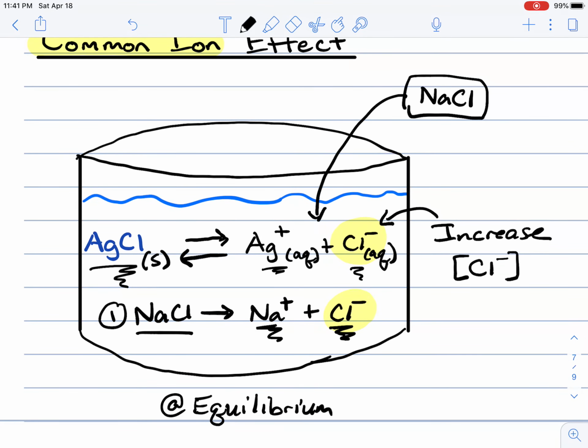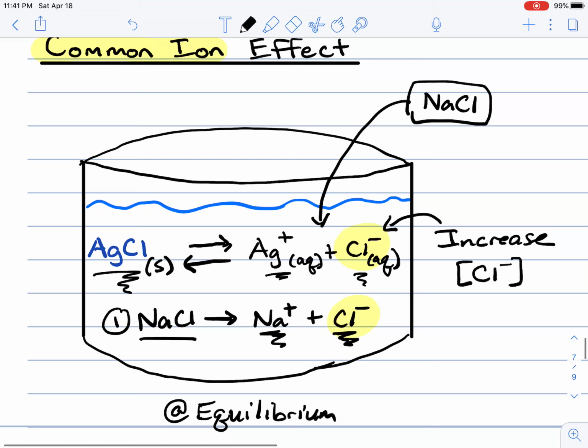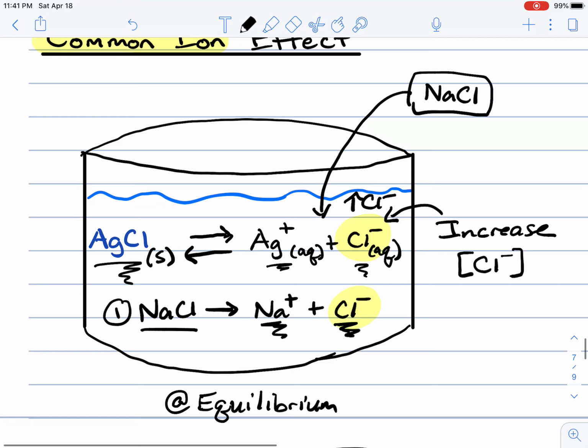And so if you think about this with respect to Le Chatelier's principle, if you have an immediate bump in the chloride ions, to counteract this disturbance or this constraint that you applied to the chemical system that's already at equilibrium, it's going to want to counteract that effect.